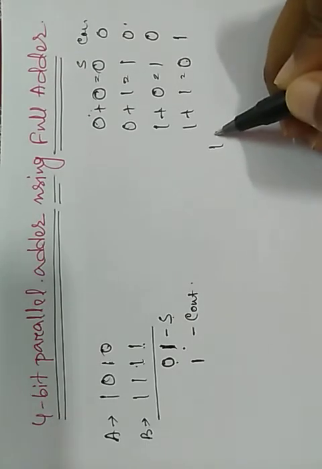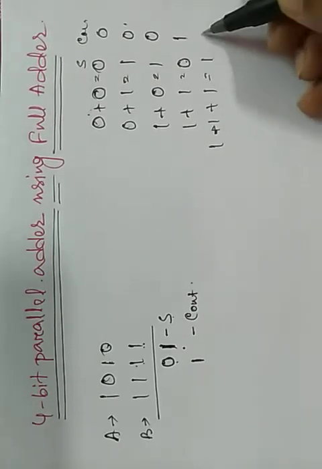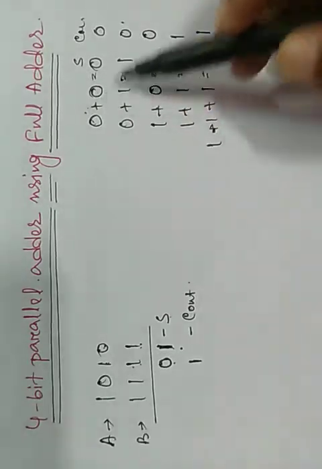And 1 plus 1 plus 1 is 1, carry out is 1. So this is our normal binary addition table.